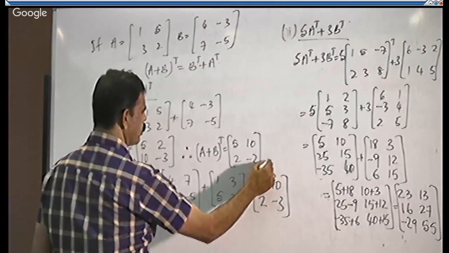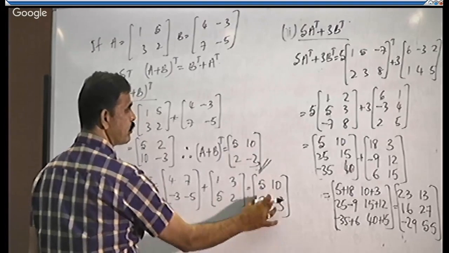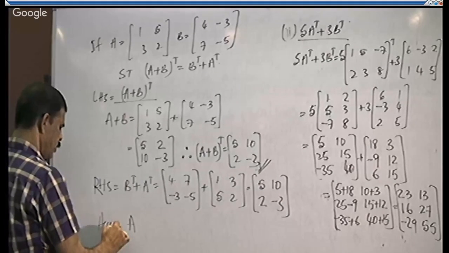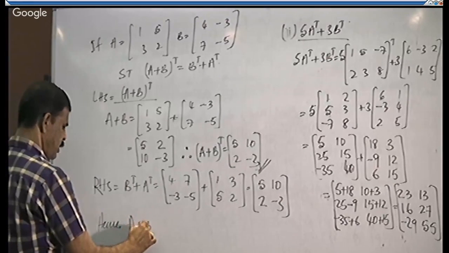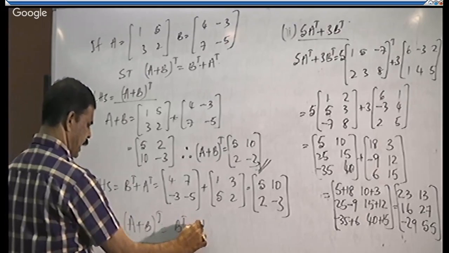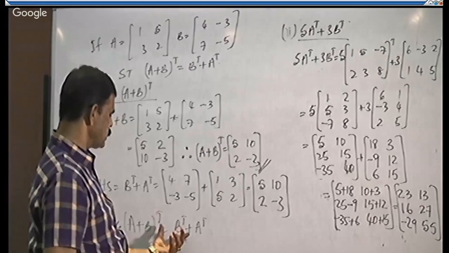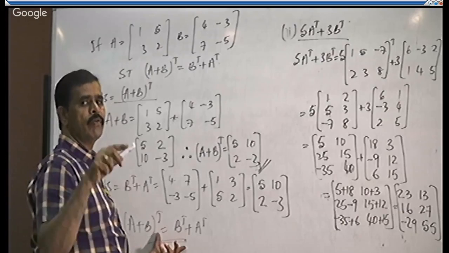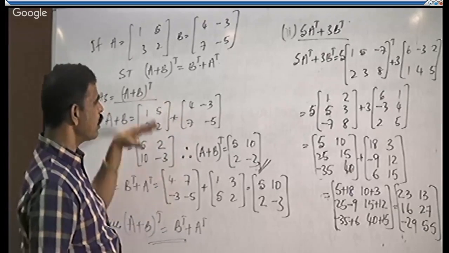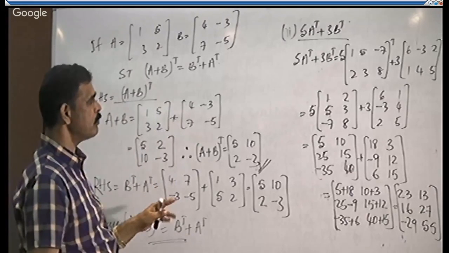See, the left hand side and right hand side, they are one and the same. Hence the property. A plus B whole transpose is equal to B transpose plus A transpose. Suppose you are not getting same thing, it means you have done mistake in the procedure. You have to go back and check the problem. Okay. It is always true. The properties are always true.